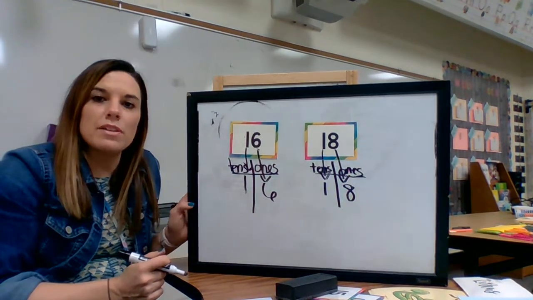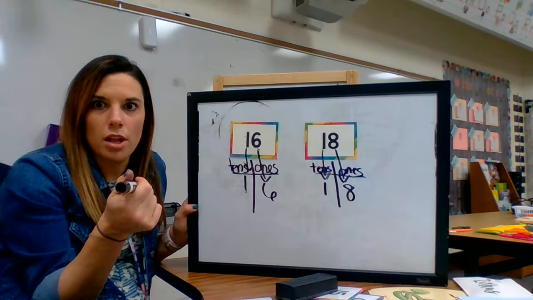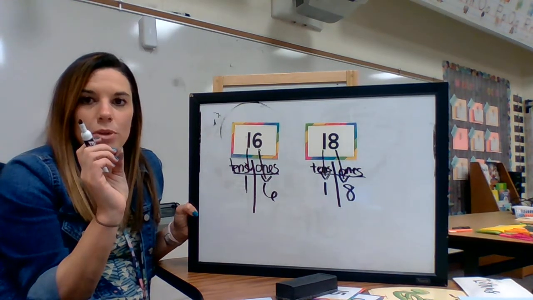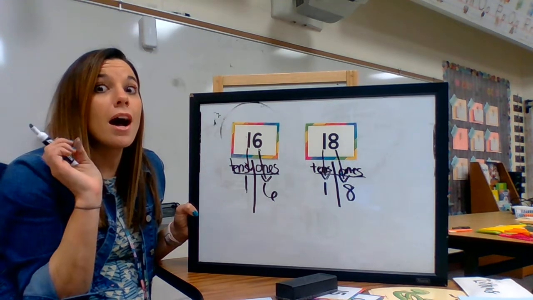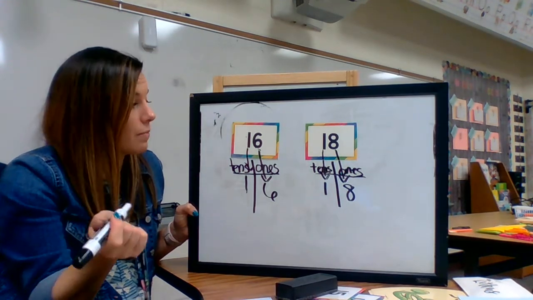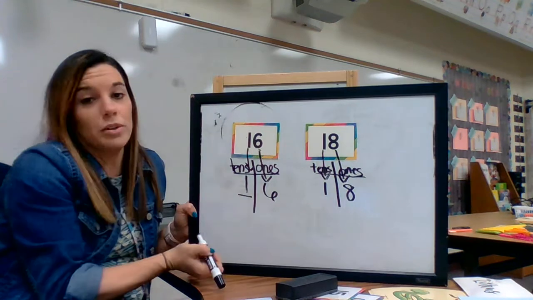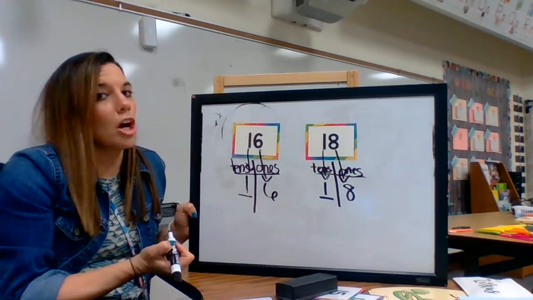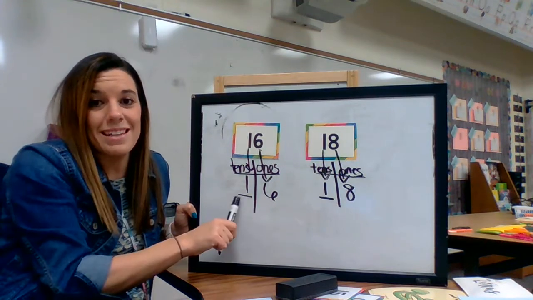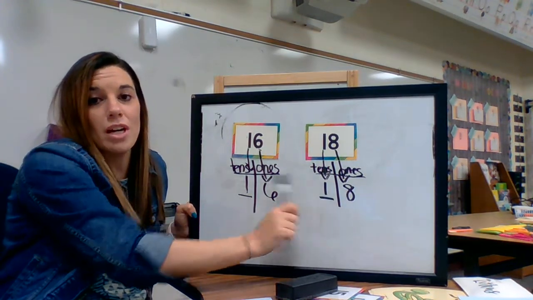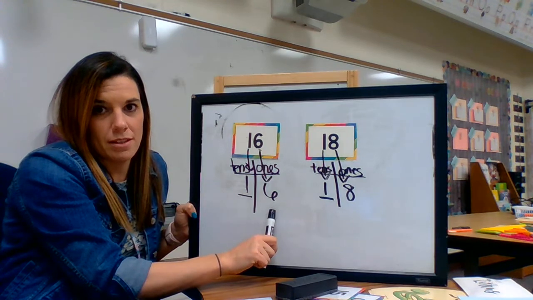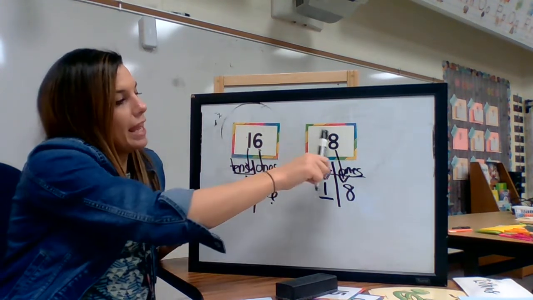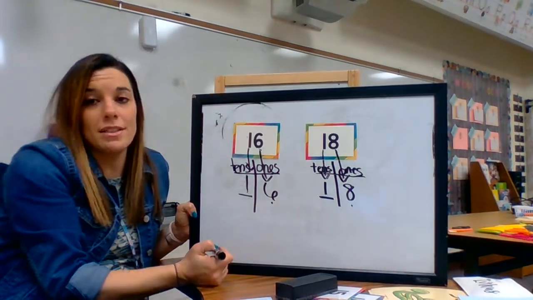So let's compare these numbers. Remember, we're looking for the smaller number this time. We're going to circle the smaller number. Where do we start when we're comparing 2-digit numbers? The tens place. So 16 has 1 group of 10. 18 has 1 group of 10. Our job isn't done because that's the same number. Now we have to move on to the ones place. 16 has 6 ones. 18 has 8 ones.